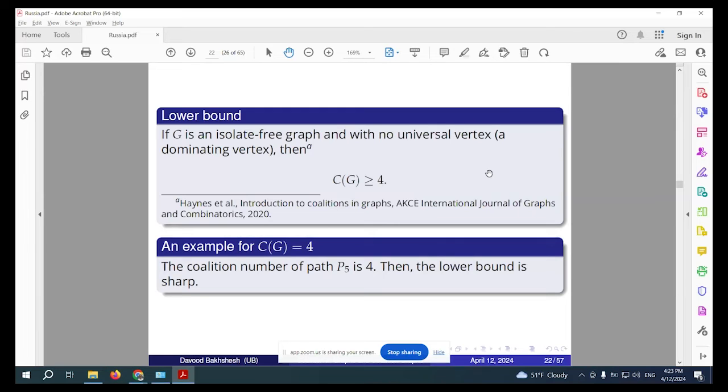This result was presented in the paper titled Introduction to Coalition in Graphs. We can easily see that this lower bound is sharp. For example, the coalition number of the path P5 is 4.